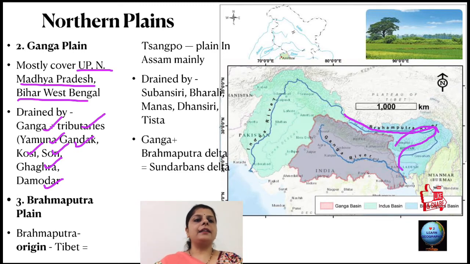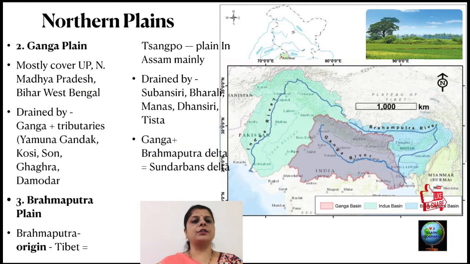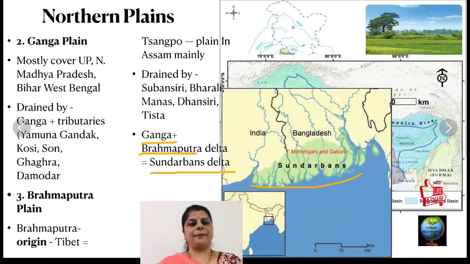It is mainly drained by different rivers like Subansiri, Bharali, Manas, Dhansiri, Tista and other tributaries. Ganga and Brahmaputra, both of these rivers create a large delta here, known as the Sundarban Delta, which is world famous for its extension and marshes.